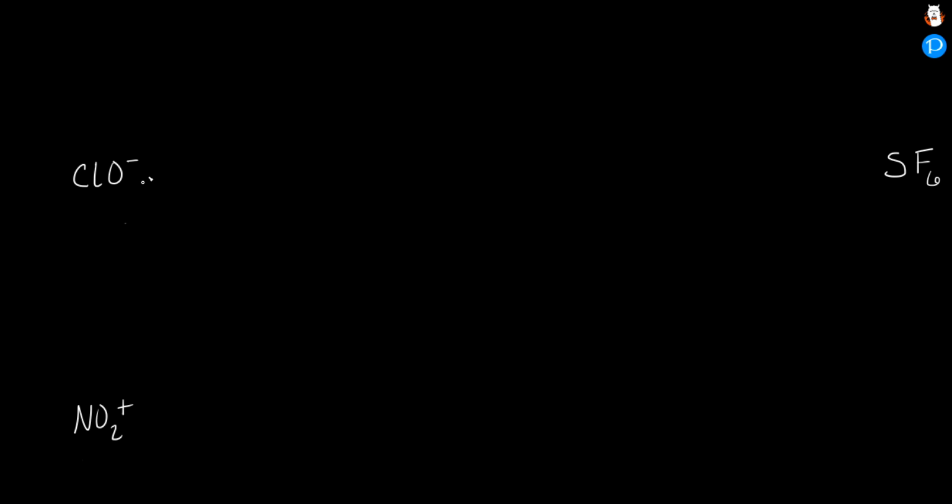ClO minus. For this one, we're going to have to take into account the fact that this is a polyatomic ion with a -1 charge. So oxygen has 6 valence electrons, and I've got chlorine as well, and I'm also going to have to add in this other electron here.